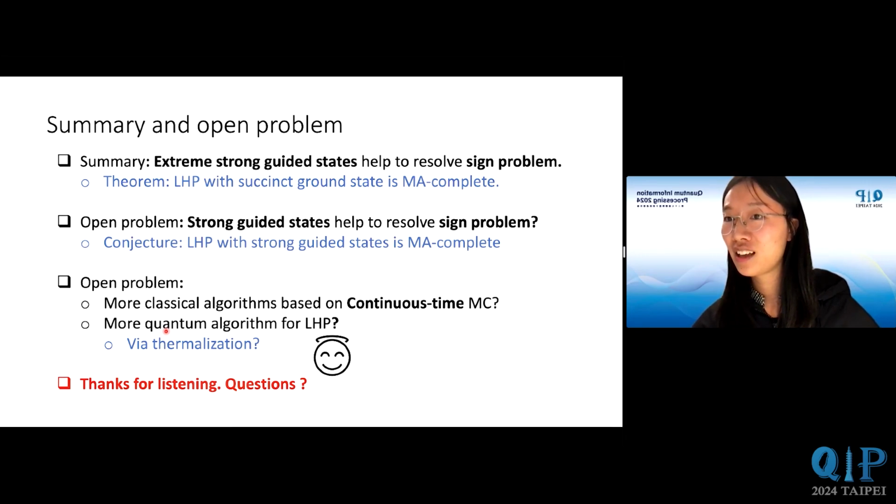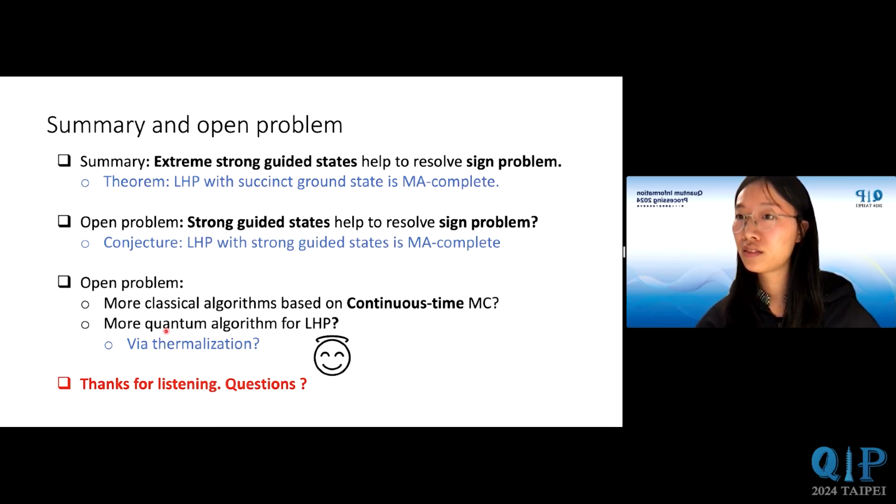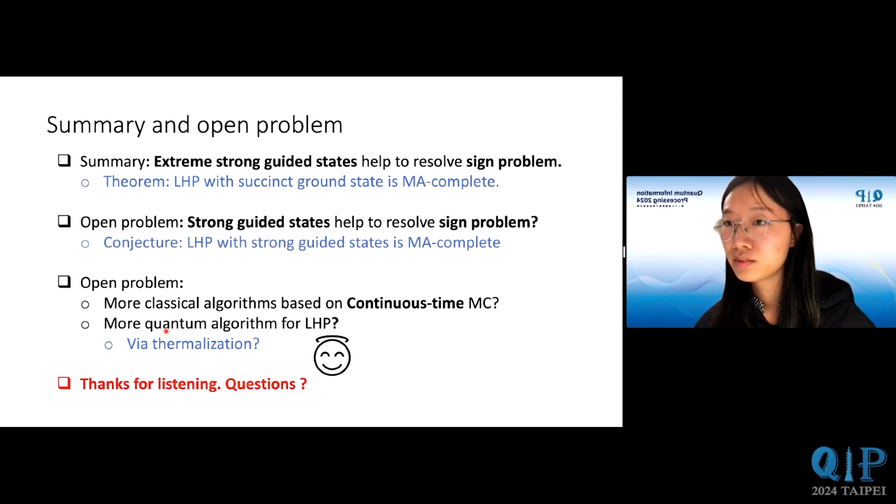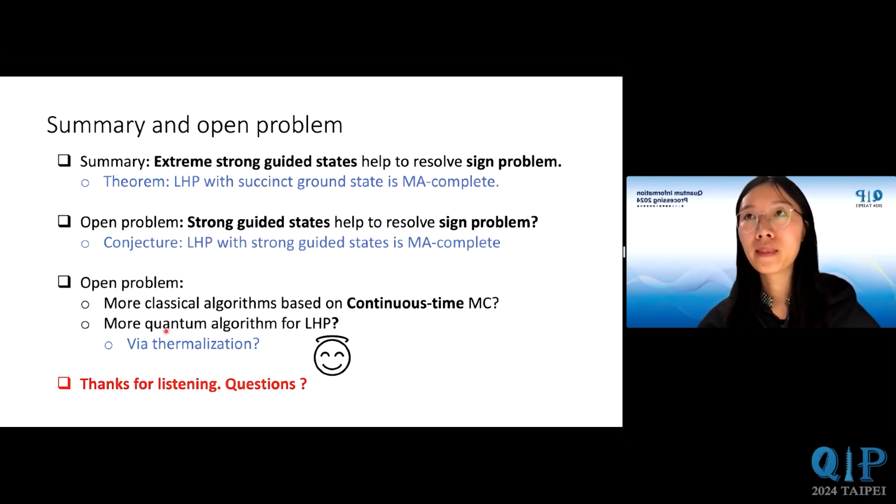Any other questions? One more. I wanted to ask what happens when you replace this succinct description with classical sampleability, because you said you're explicitly not considering that.